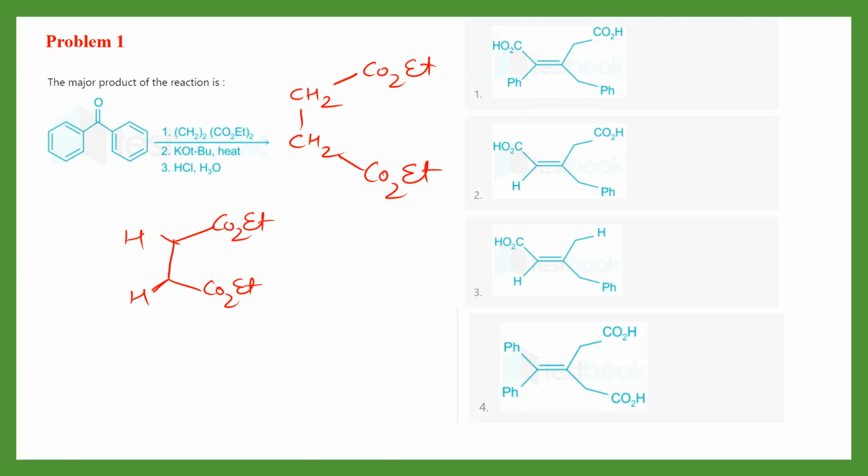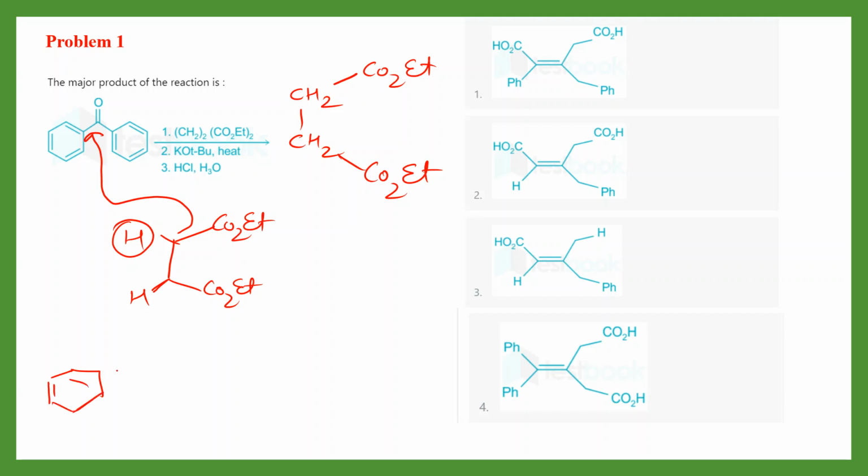Don't you think it will abstract a proton from the alpha carbon and form a carbanion that is going to attack here? The only possibility here is this. So let's draw one by one and see what our product can be.